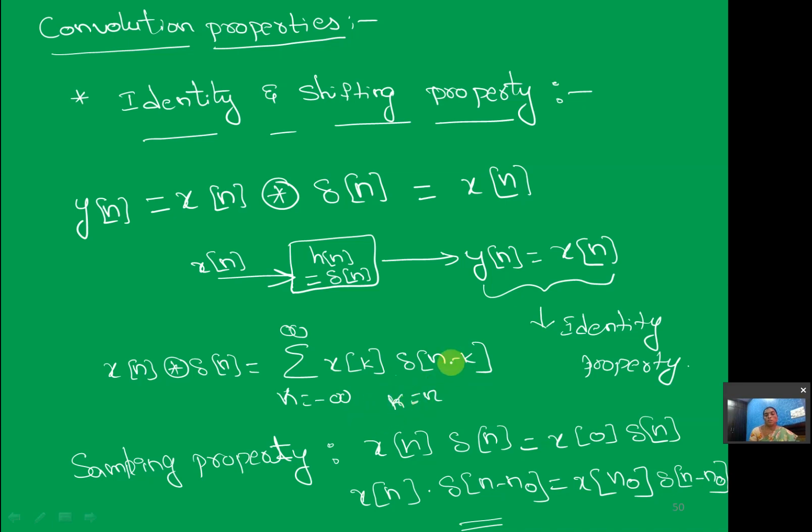Am I correct? K is the variable here. That's why at k is equal to n, this del of n minus k is equal to 1. At k not equal to n, this del of n minus k is equal to 0.